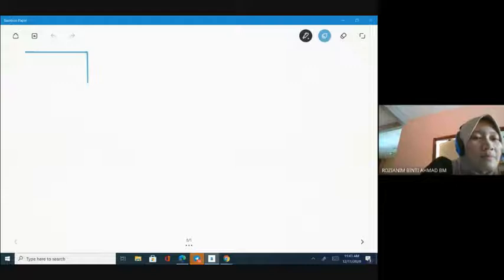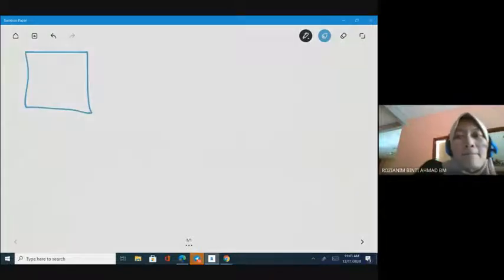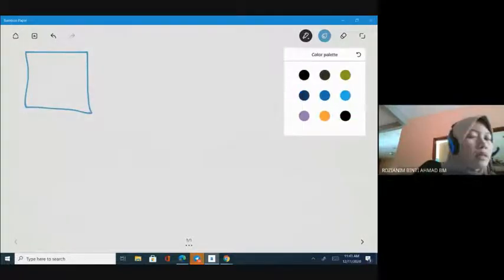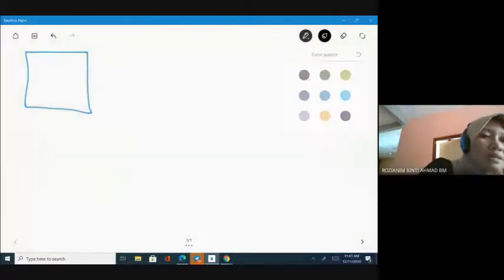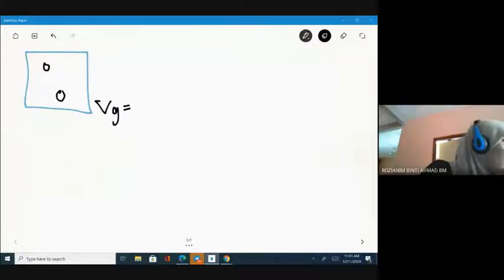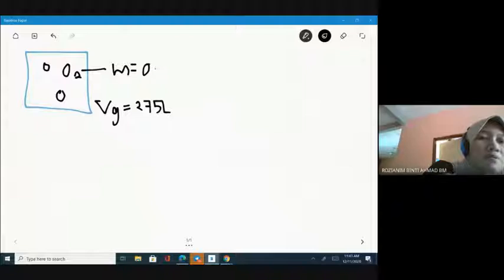In our tank, we have the unknown gas, but the volume of the tank is equal to the volume of the gas, which is 275 liter. Then we have the mass of oxygen. We know this is oxygen gas, and the mass of the gas is 0.485 kilogram.